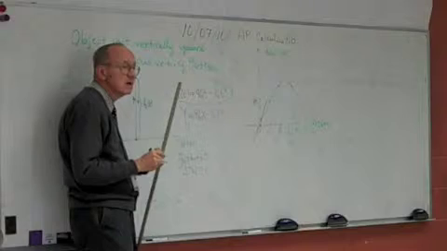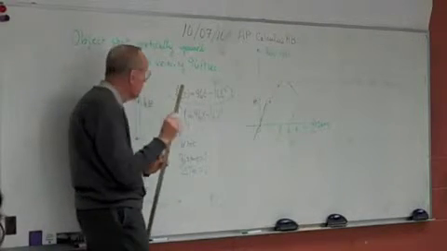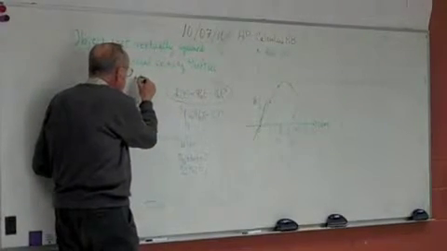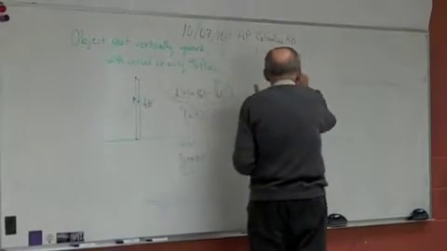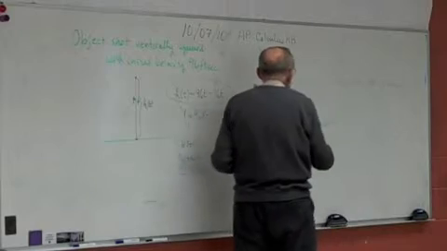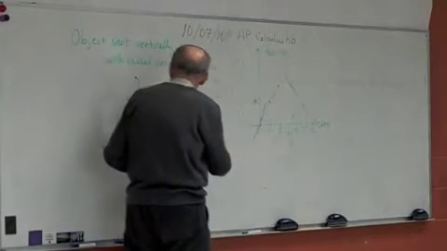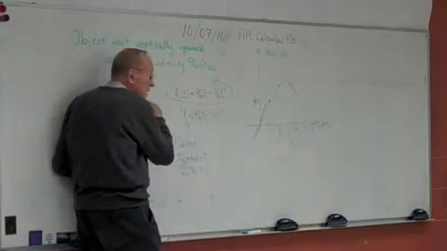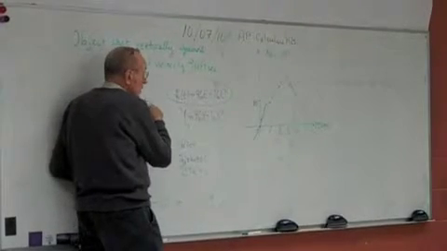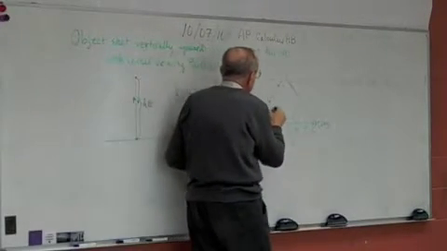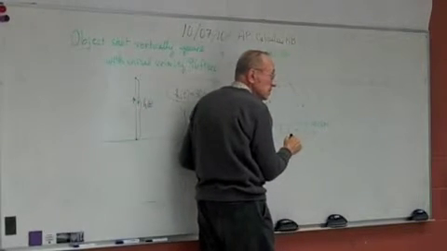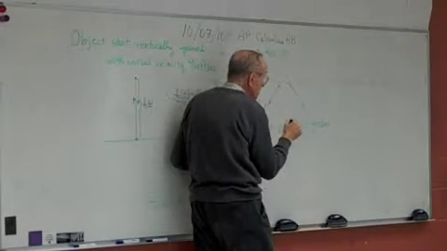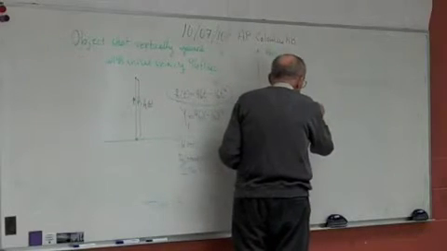What's the velocity there? 0. There's a momentary pause up here before the descent begins. And then, to the right, the slope is negative, that means you're going down with a negative velocity. It turns out that the velocity at 2 is the same as the velocity at 4, as are their distances, because of the nice symmetry of the parabola.